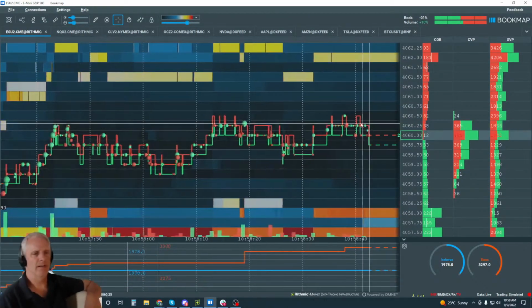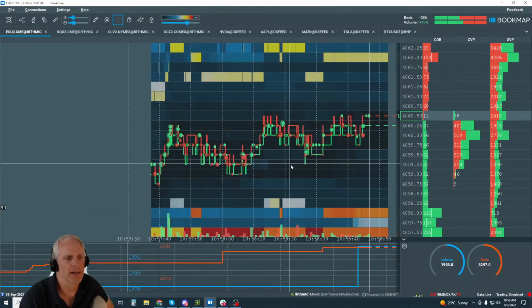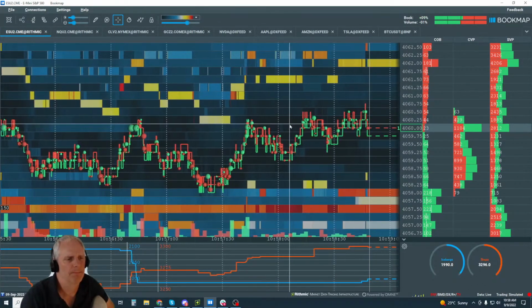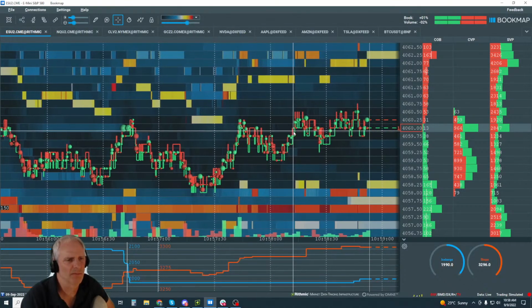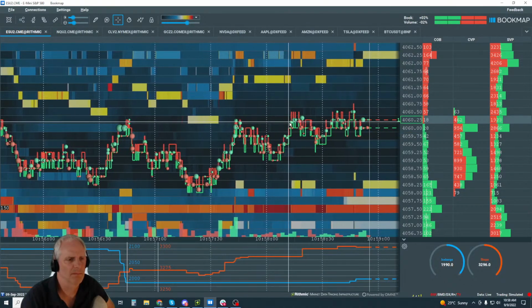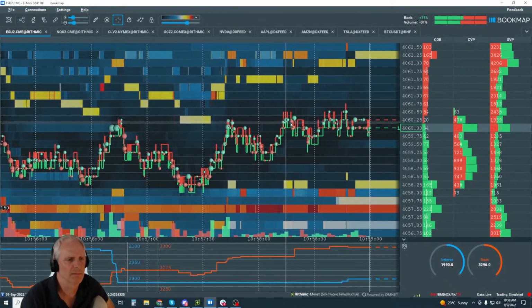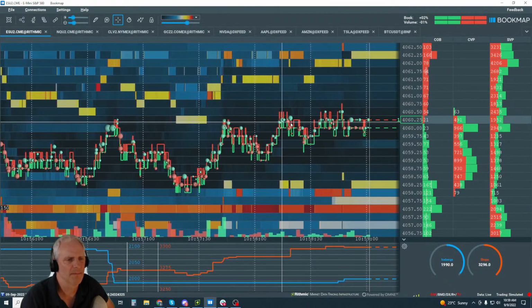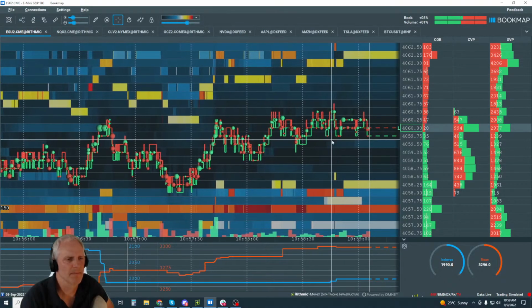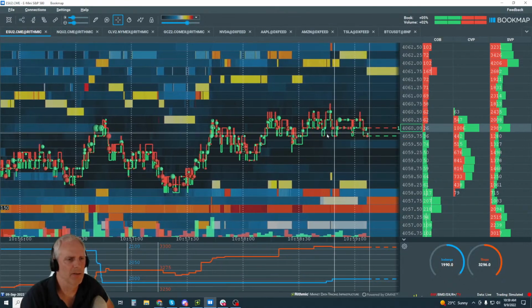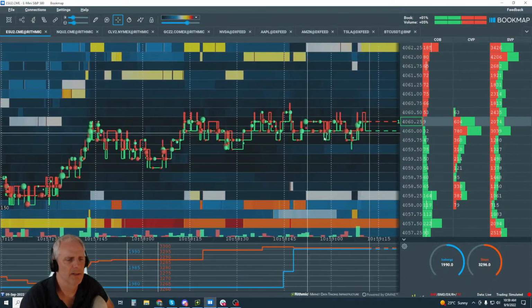On the smaller time frame, I'd be looking for buyers to try to take this higher. And that idea is losing steam right now with sellers down here.